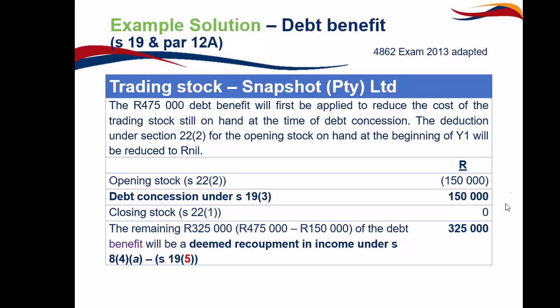Okay, so this is what you're expecting to see. Opening stock deduction of 150,000 plus 150,000, okay, because of Section 19.3. Closing stock in terms of Section 22.1 is going to be 0, okay, and the remaining 325,000 will be recouped in terms of Section 19.5.